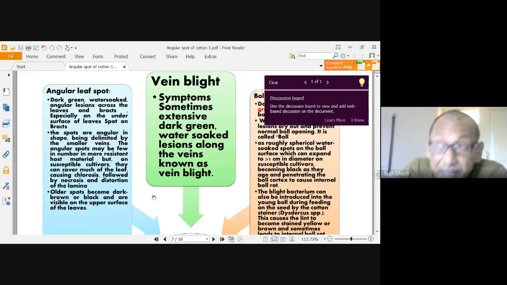Now, the size of the spot is greater than 1 centimeter, and it is observed in different forms in different varieties, and it may extend downward up to the cortex region.